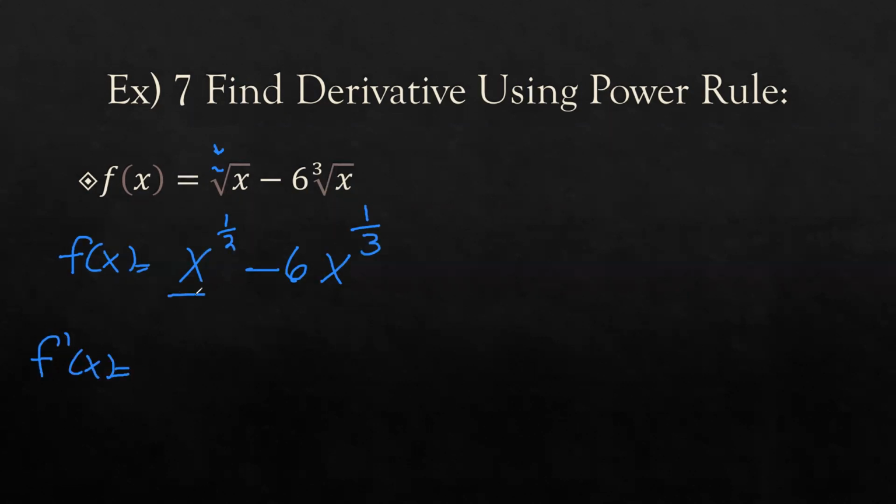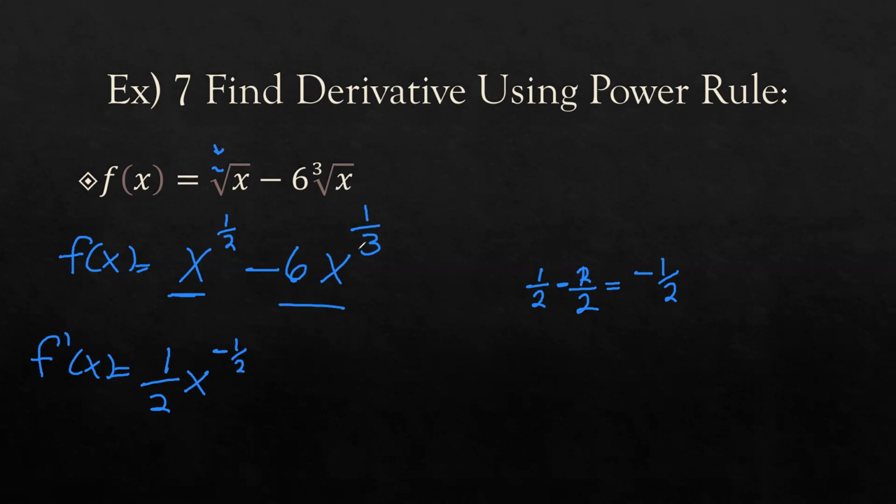So x to the 1/2 could be expressed as 1/2 x, and then the new power is going to be the old power minus 1, or in our case, we can write 1 as 2 over 2. So 1 minus 2 is negative 1/2. And then do the same thing with the second term.